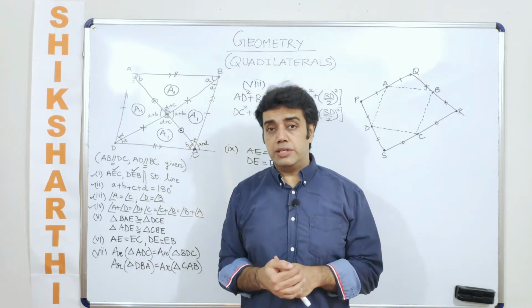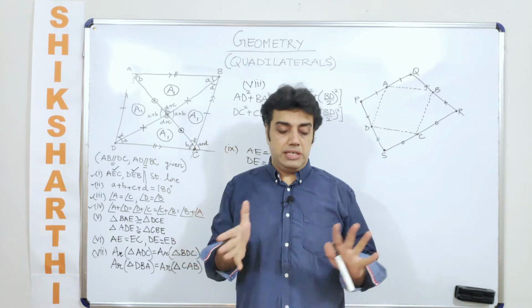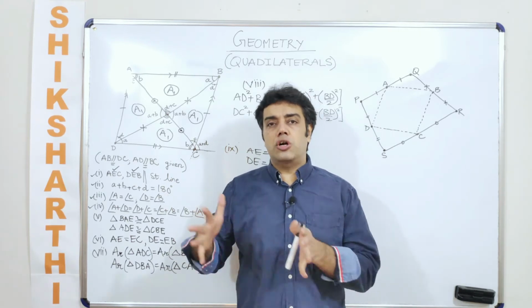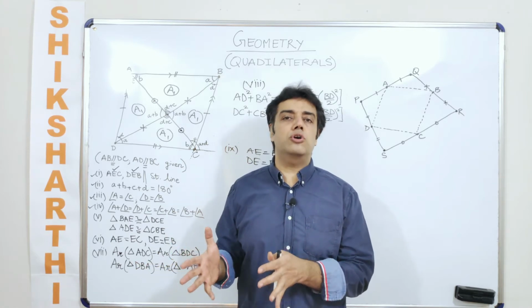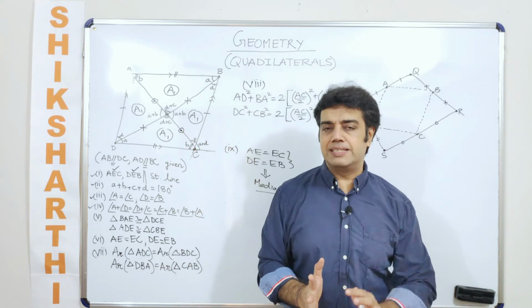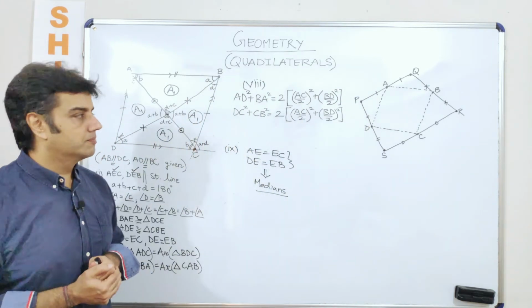If there are two triangles having equal areas, that does not mean that both the triangles would be congruent. They may or may not be congruent. But if I am talking about two congruent triangles, they will definitely have equal areas.